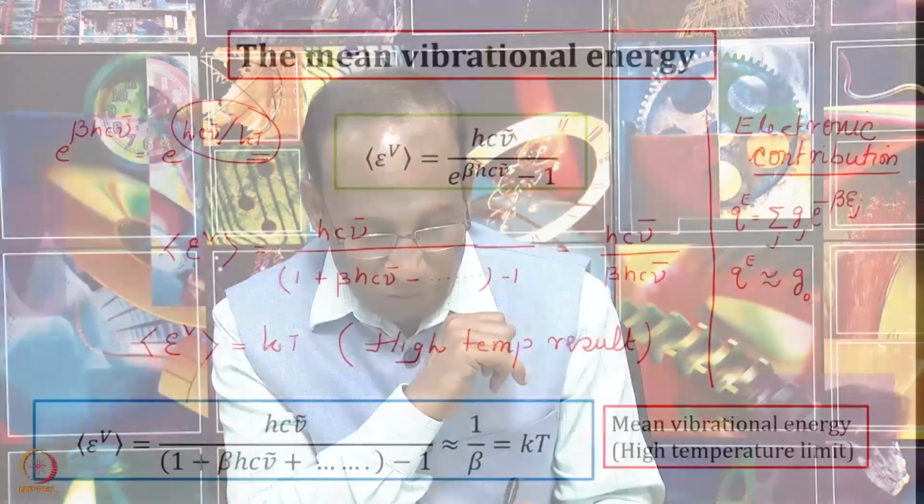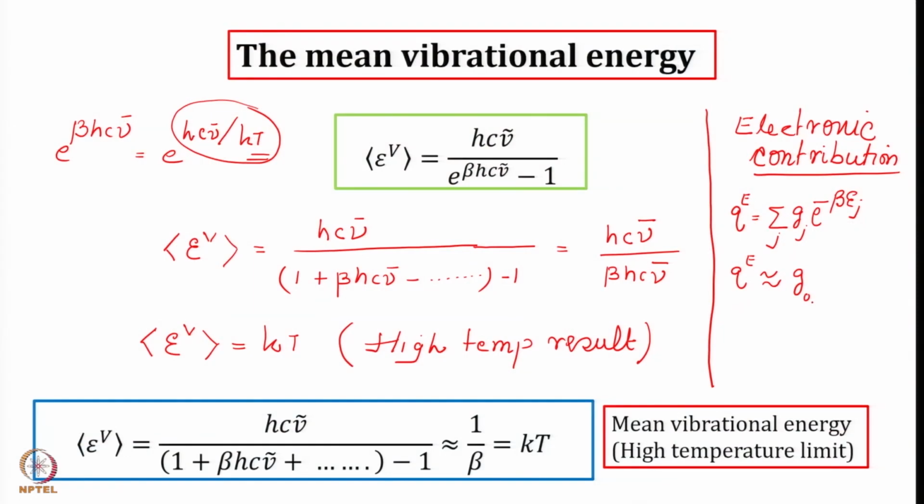Therefore, under normal conditions of temperature, only the ground state will be significantly populated. Under those circumstances, the value of the electronic partition function is approximately the same as the degeneracy of the ground state. And of course, if the temperature is higher, then you can include the higher terms also.